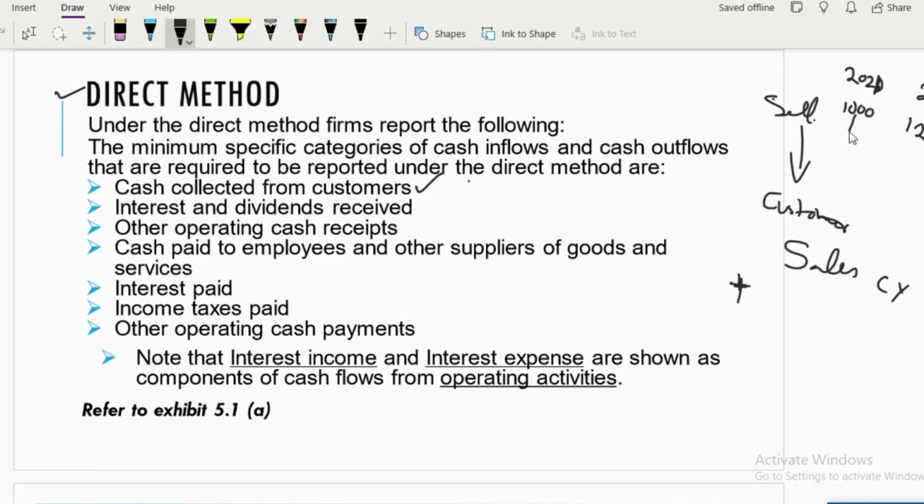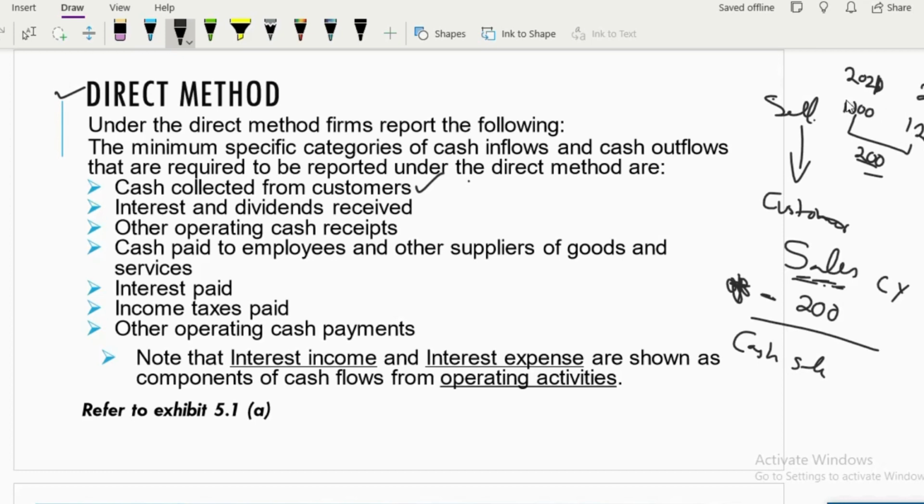So it means that there is an increase in accounts receivable of 200 during the year. So it means that these sales of the current year include credit sales, so we are going to subtract the increase in accounts receivable, which is 200. So when I subtract it, I will have my cash sales.